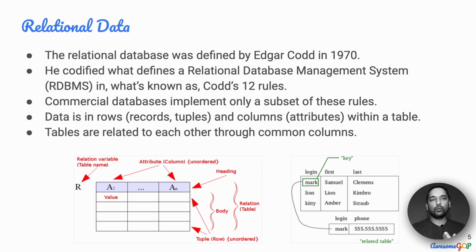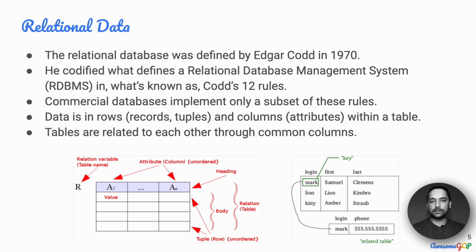Before that, what is relational data? The relational database was defined by somebody in IBM in 1970. Edgar Codd codified what defines an RDBMS, or a relational database management system, into a bunch of rules called Codd's 12 rules.